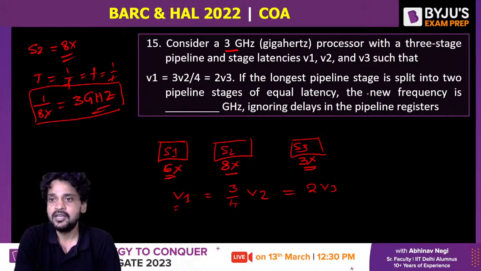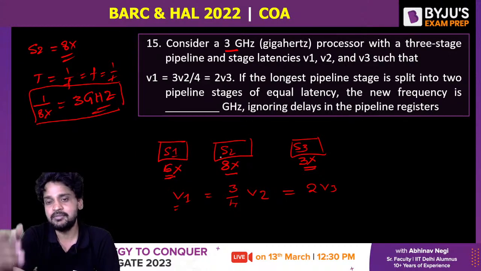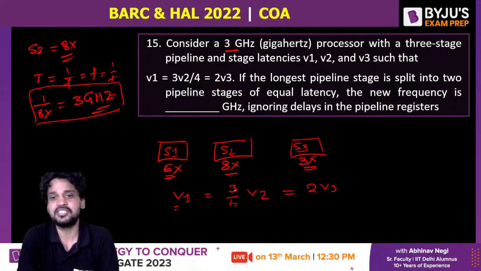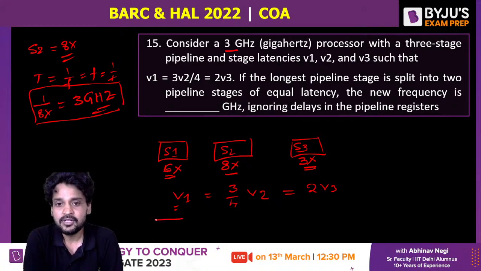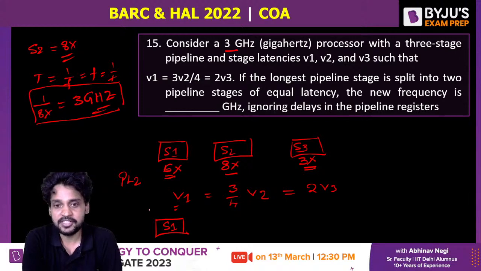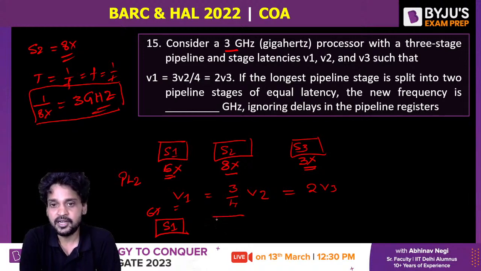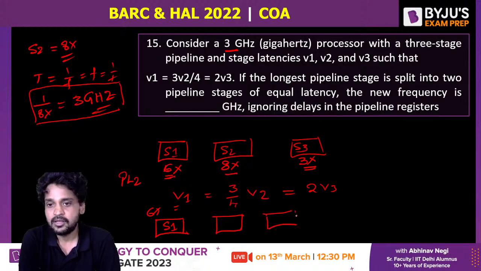Now what is given? In order to have a better pipeline, the designer has divided the maximum latency stage into 2 equal latency stages. So in the pipeline 2, I will say PL2, S1 will remain the same, 6x, and as S2 having the maximum latency, it will be divided into 2 equal latencies, S2 and S3, with 4x and 4x.